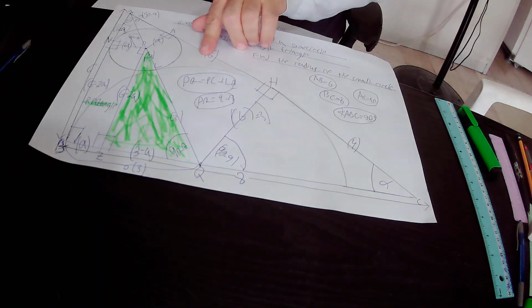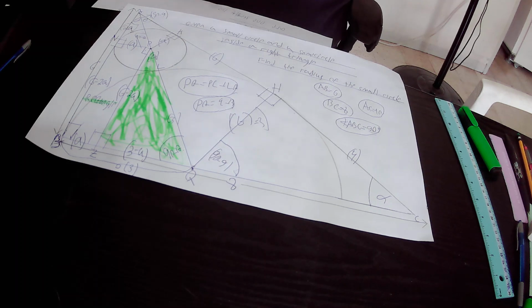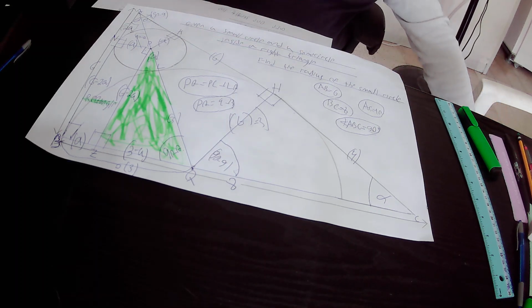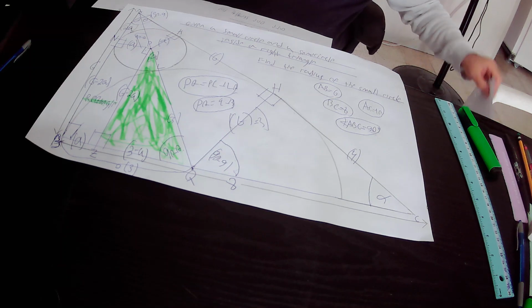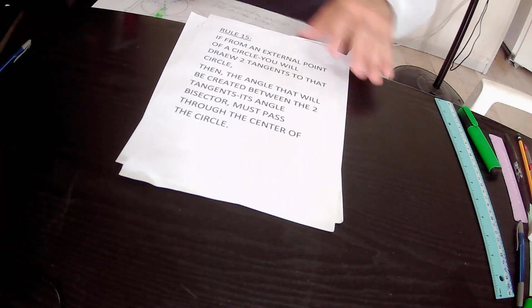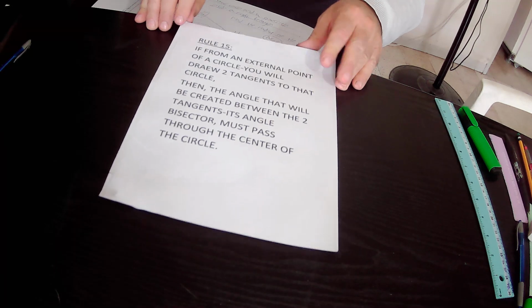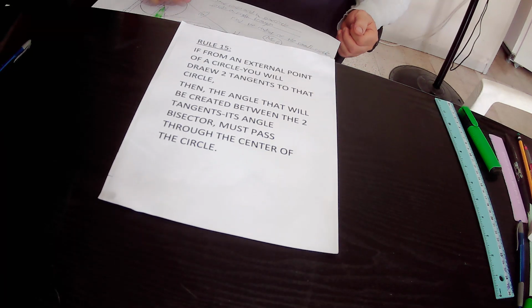In the next step, I presented to you rule 15 and we implemented rule 15 in our drawing. So a bit quickly on rule 15. According to rule 15, if from an external point of a circle you draw two tangents to that circle.